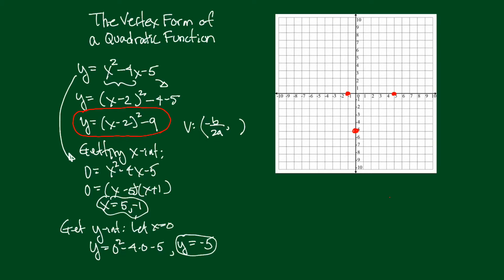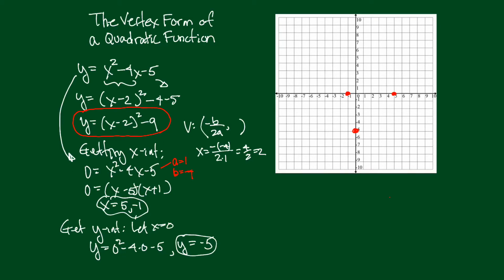So just right from here, I'm saying that a is equal to 1, b is equal to negative 4. So the x-coordinate of the vertex will be negative b, which is negative 4, over 2 times a, but a is 1. So we get what? 4 over 2, so we get 2.